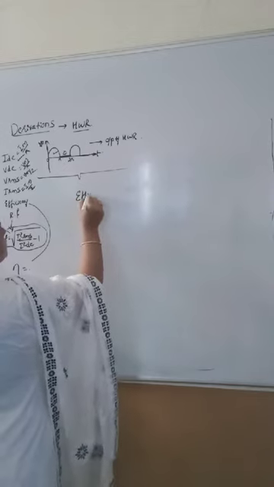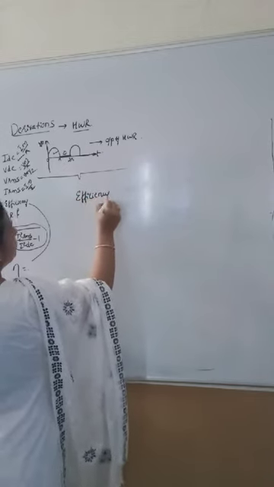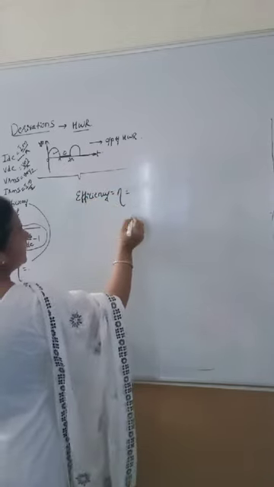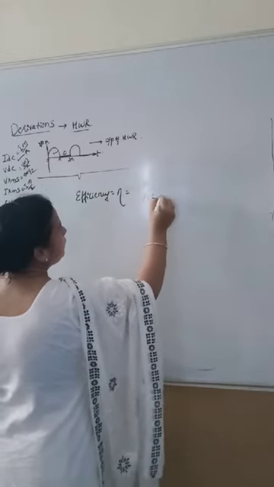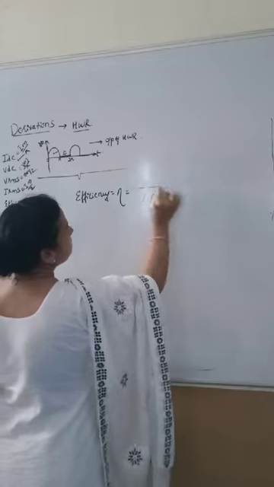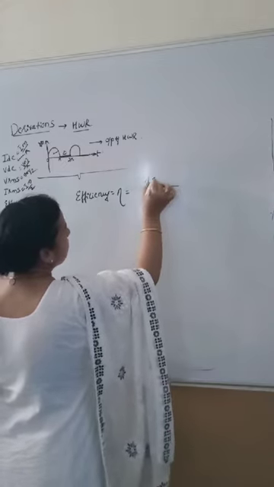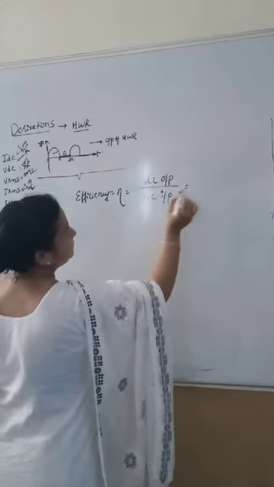So efficiency, which we denote by eta, is: out of the AC input, how much is the DC output?